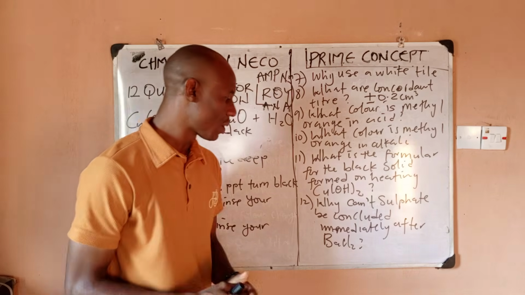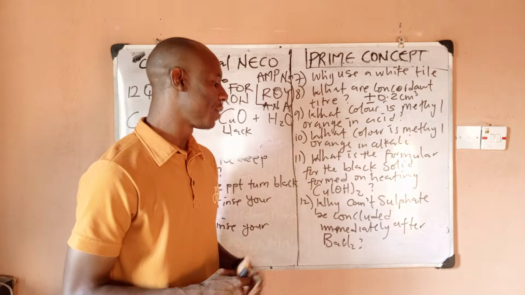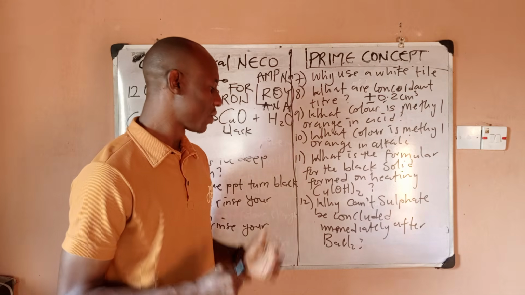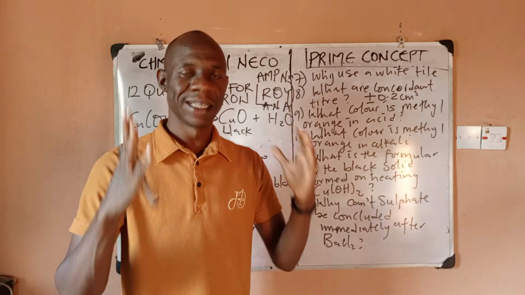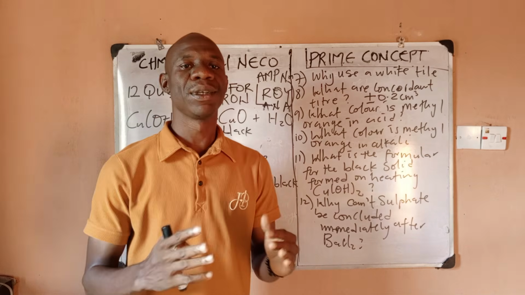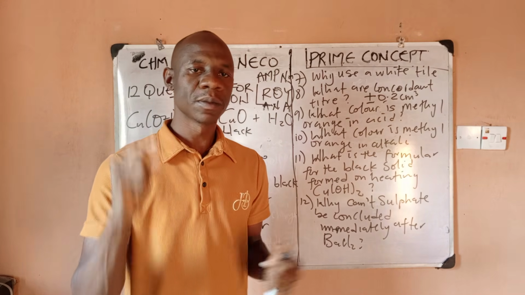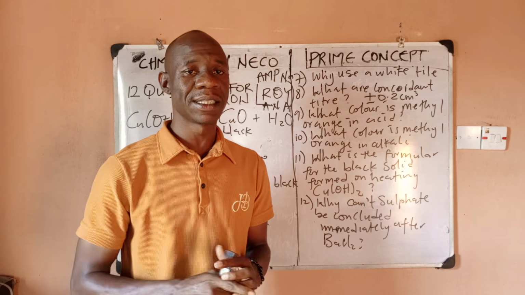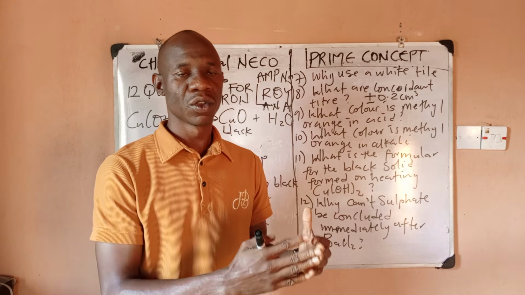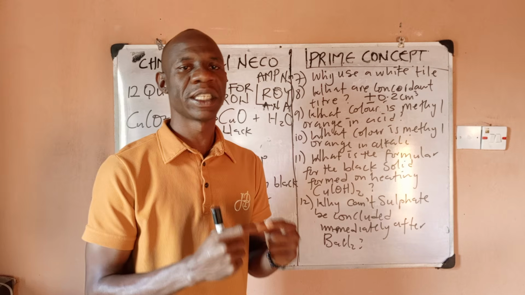Now, question number 12, why can't sulfate be concluded immediately after barium chloride? Why don't you conclude that sulfate is present after adding barium chloride? Very simple. Like I said earlier in question number one, when you add barium chloride to your sample solution, you would observe a white precipitate.